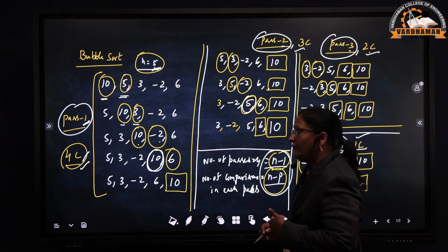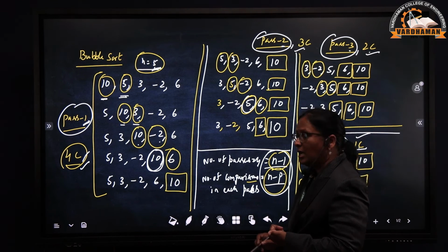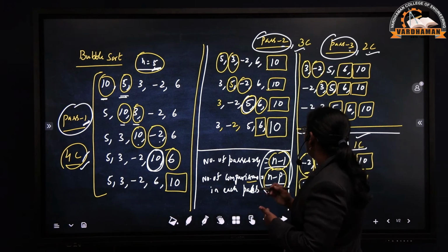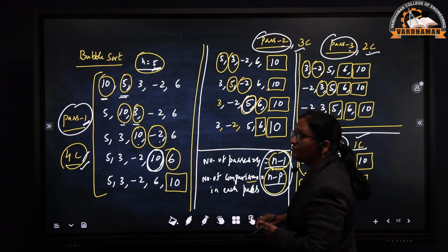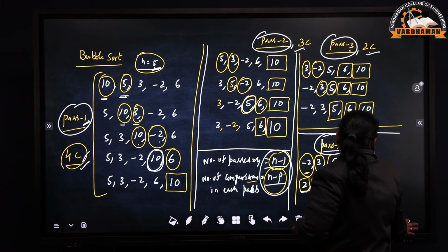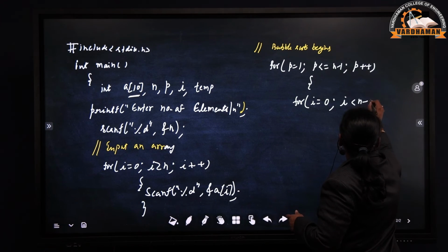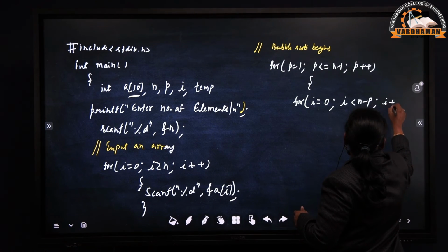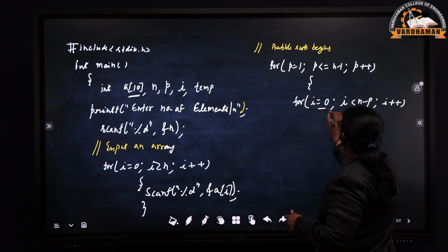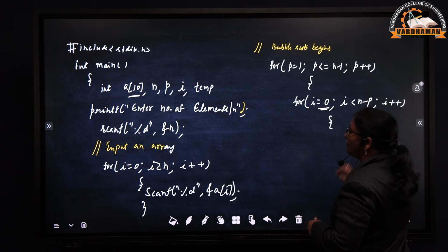If you start the comparison index from 1, then 1 to n minus p covers n minus p times. But if I start from 0, it has to be n minus p minus 1. That's why here I am taking 0 and i less than n minus p. You understood now why I am not taking equals to here? Because its starting value is 0. If it is 1, I should have taken equals to here.